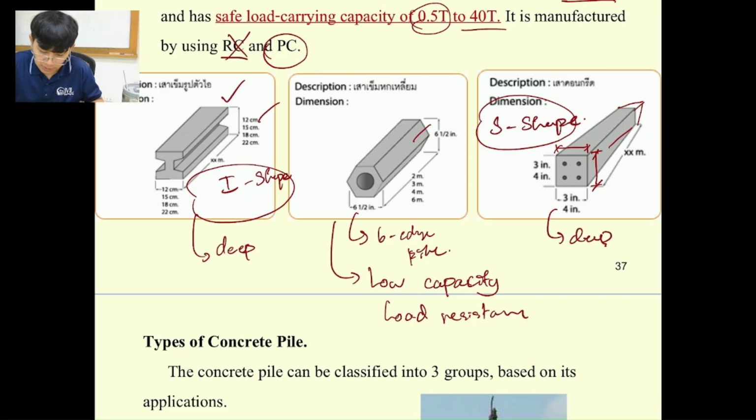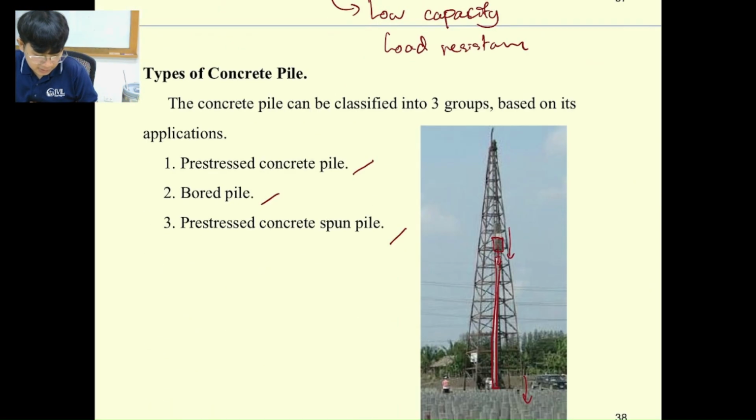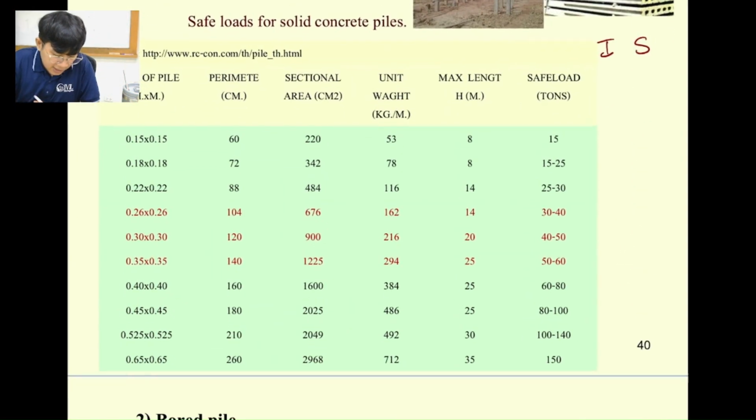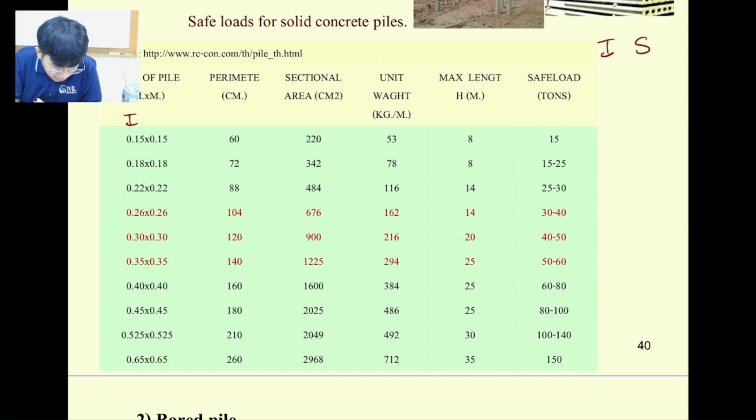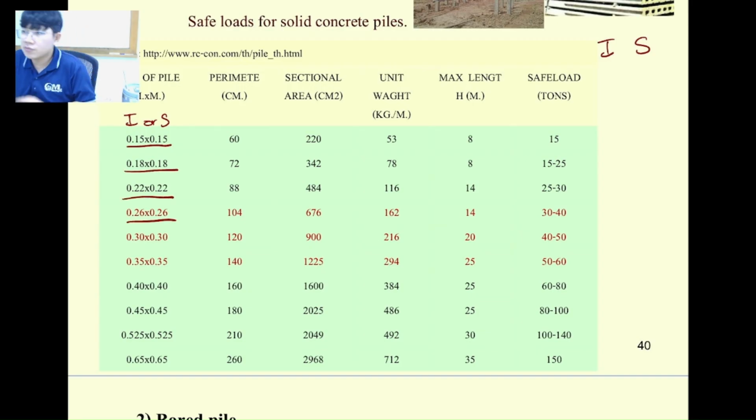For example, like this one, even though the surface resistance is not full, for this I shape, when we calculate it, we assume that it has a square shape like this. That's why you can see that even though it's an I or S shape, we're going to have only one size over here. We assume that both sides are equal.